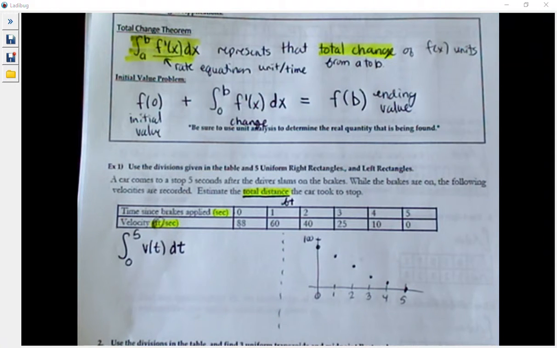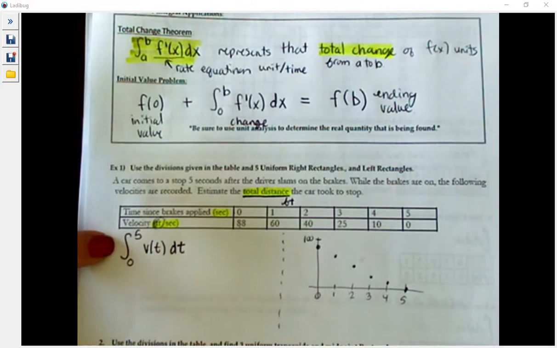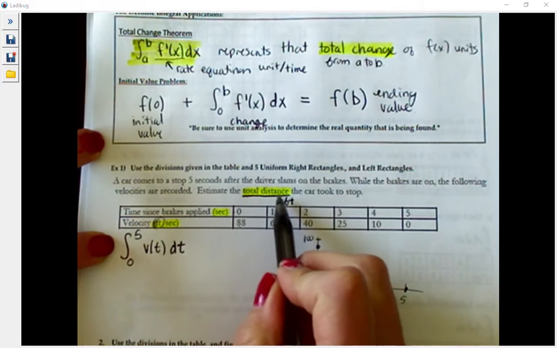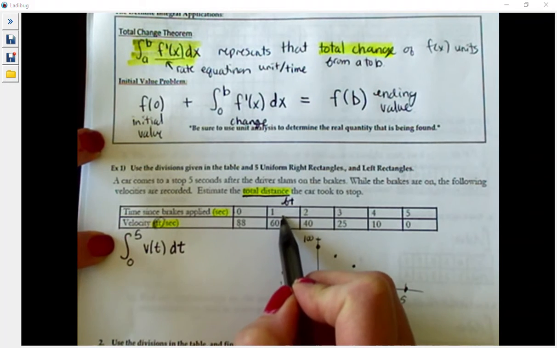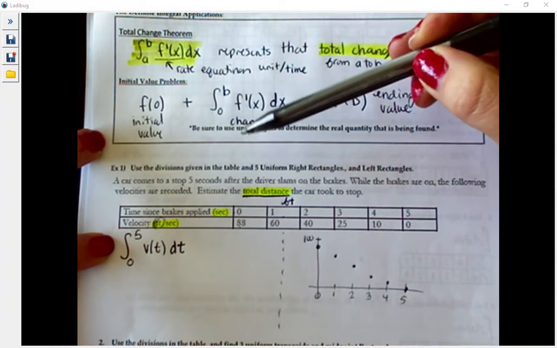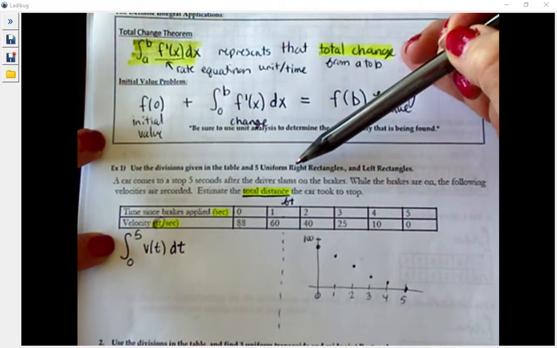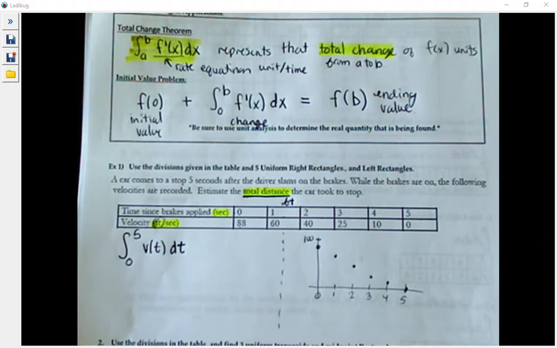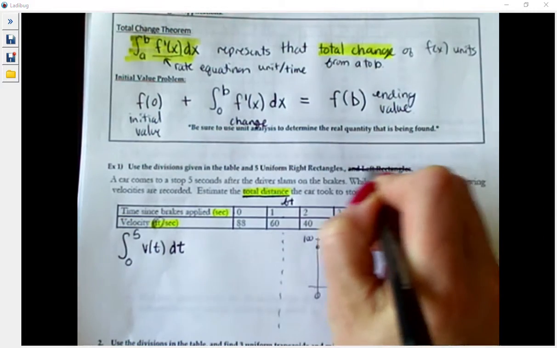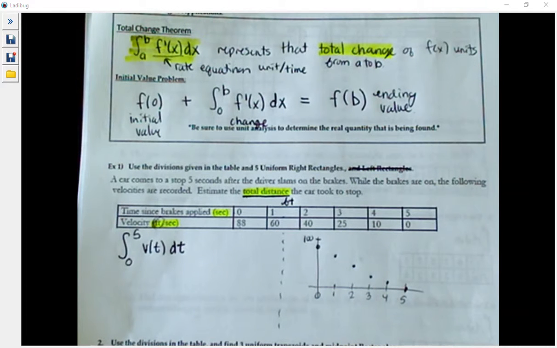I'm just making a rough picture so I have an idea of what this looks like. If this is the integral that can be used to find the total distance, total feet, it says use the division given in the table and 5 uniform right and left rectangles. Let's go ahead and pick the right rectangles.